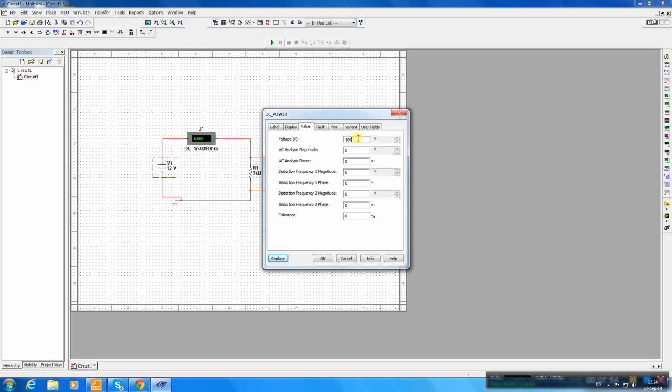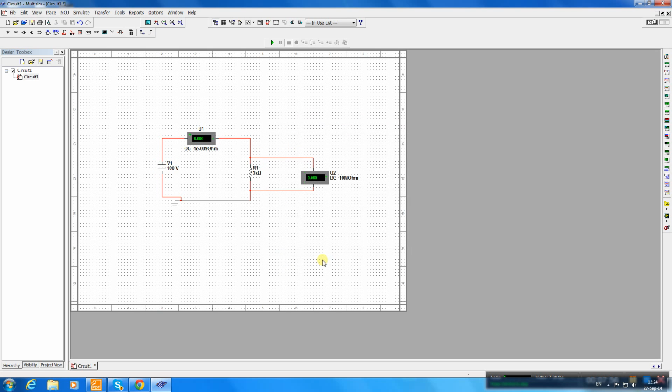So let's have here 100 volts as we had in AC, and let's simulate it. Now you see the current is 0.1 and the voltage is minus 100 volts. So the first question is why do we have minus voltage? That's your first question you should answer.